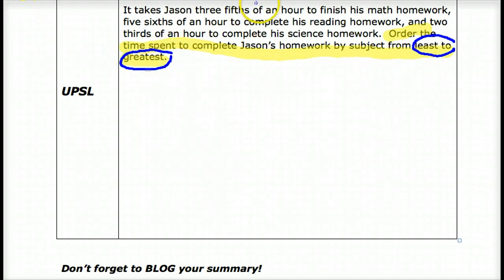So we know it takes 3/5 of an hour to finish math. I don't like how this is written in word form, but I know that 3/5 would be written as a fraction, 3/5 for math. We know that it took 5/6 to finish reading, so we are going to put 5/6 as a fraction, and that is for reading, and 2/3 to complete science.